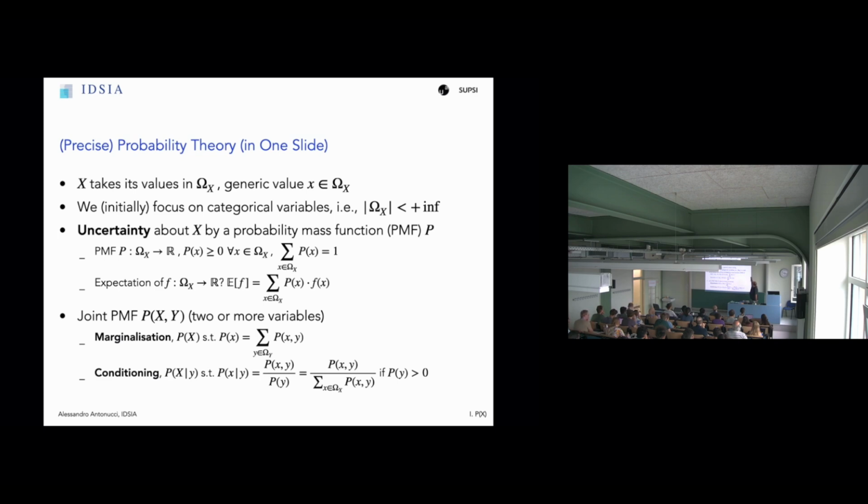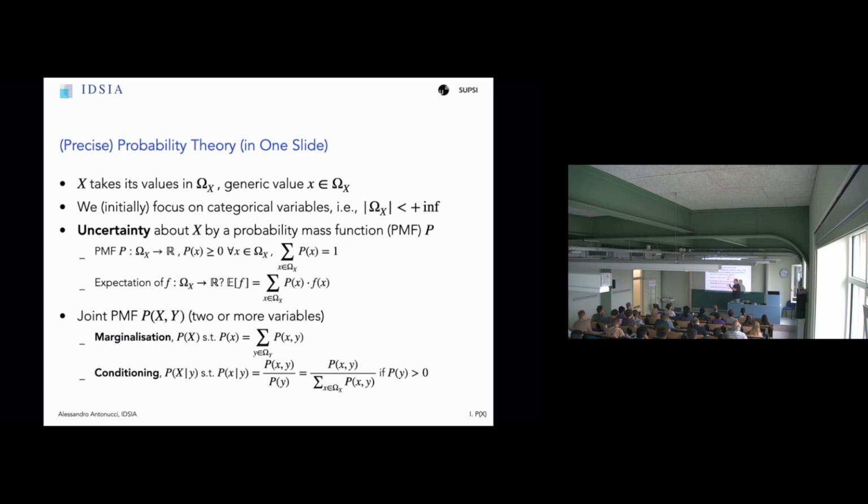Okay, let's say x is my variable. Let's say omega x is the set of possible values. Most of the time in these slides I will focus on discrete variables. And in some cases the results can be easily extended to the continuous case. In some cases they are not. So most of the time we assume a discrete setting.